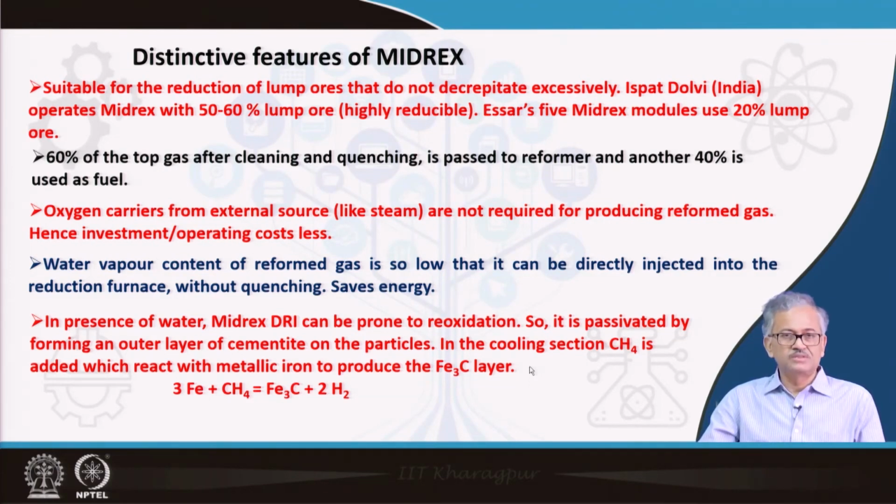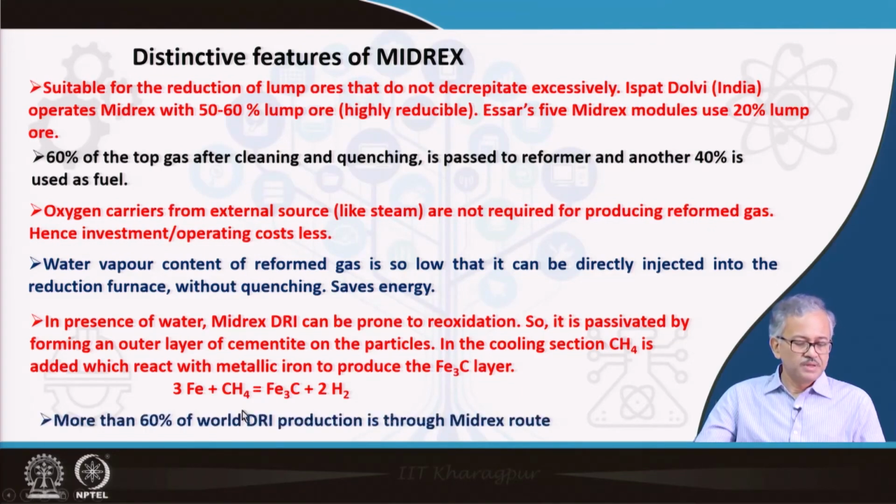So that is done in the Midrex process, and that's why the proportion of methane in the gas composition is controlled in such a way that it produces a very adherent and dense Fe3C layer over the DRI. So this is the reaction by which it forms: Fe plus CH4 forming Fe3C plus 2H2. So that's why the Midrex DRI is passivated against reoxidation.